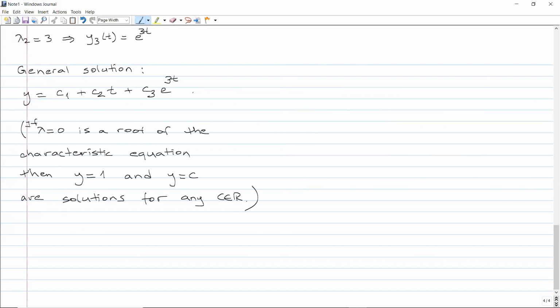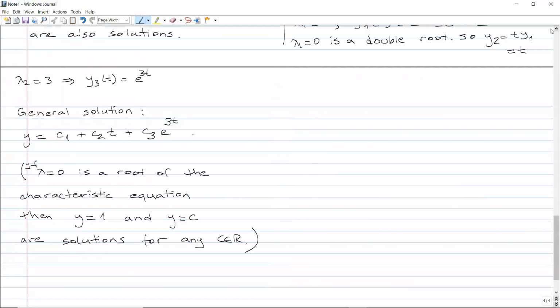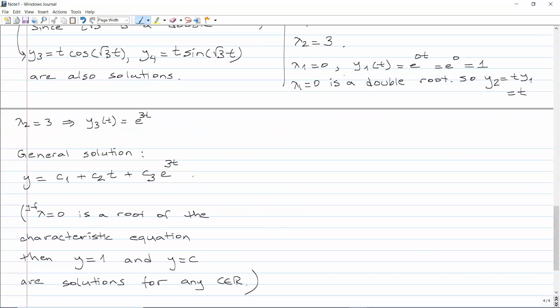The reason is, as we did here, when you have 0 as a root, the corresponding function is e to the power 0 times t, which gives you the constant 1. You can multiply it with any constant and still get a solution. So when y equals 1 is a solution, then y equals any constant is also a solution.